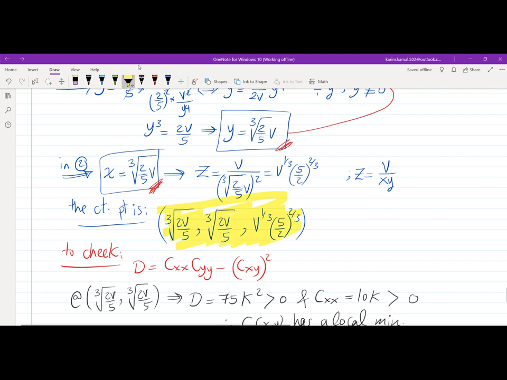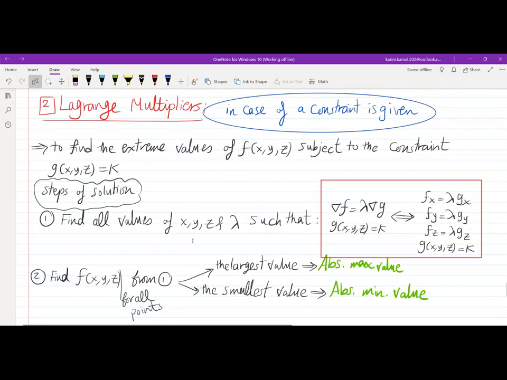And now we go to the second point of today's tutorial, which is Lagrange multiplier. Again, we use this method in case a constraint is given to find the extreme values of f of x, y, and z subject to the constraint g of x, y, and z equals k. We have to follow the following steps of solution.